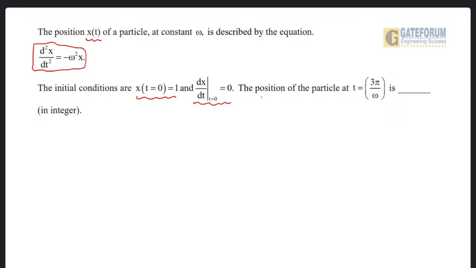Now finally, we have to find the position of the particle, that is x of t at t equal to 3 pi by omega. Okay, this is what we are going to find now.